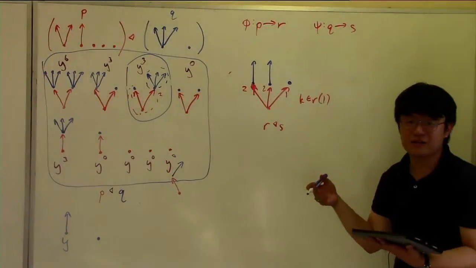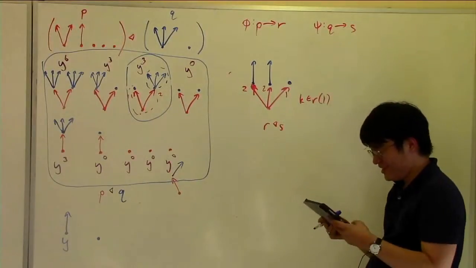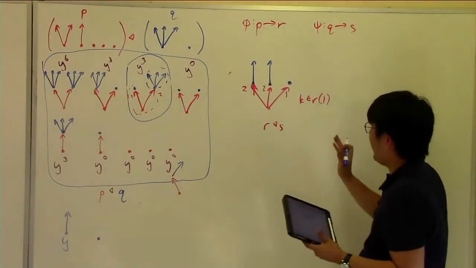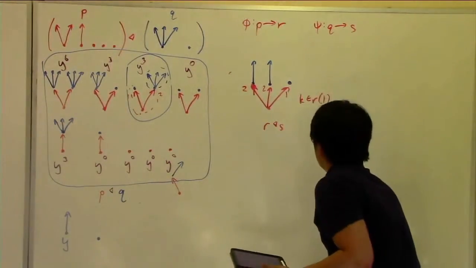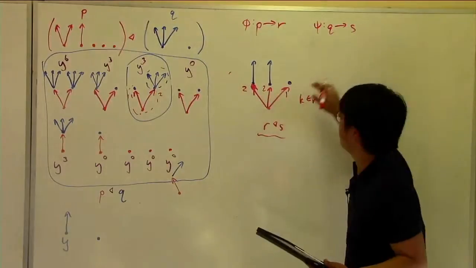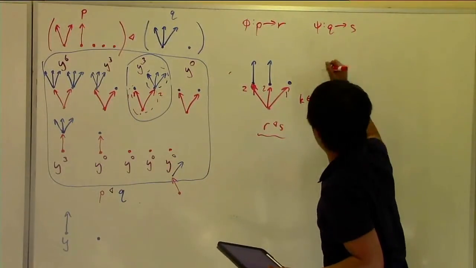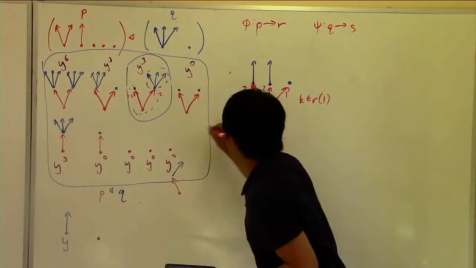Yeah, and it has to be sent to a position without any directions. And so that gives us the position of R composed with S that this position gets sent to under phi composed with psi.